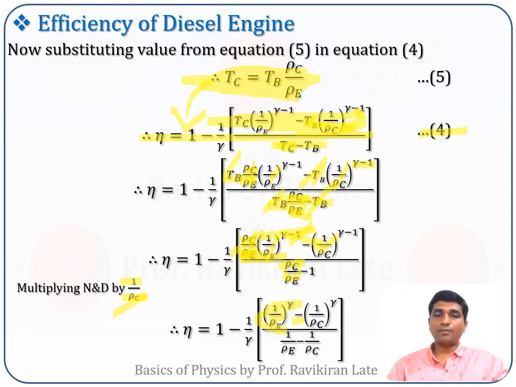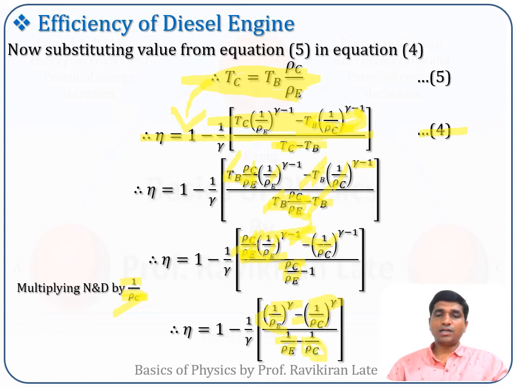When multiplying by rho c, this rho c and rho c to the power gamma minus 1 become 1 upon rho c to the power gamma. And multiplying the denominator, it will be 1 upon rho e minus 1 upon rho c.